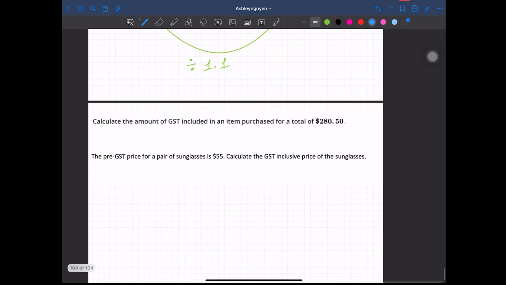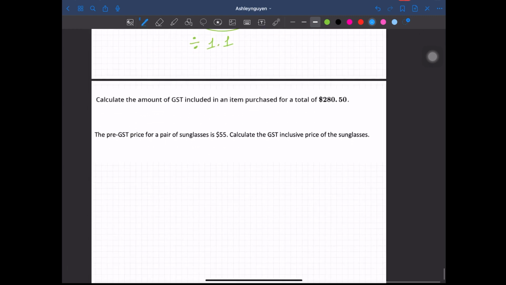Let's do the following example. Calculate the amount of GST included in an item purchased for a total amount of $280.50. So GST is already included here. So you have the price with GST, $280.50.